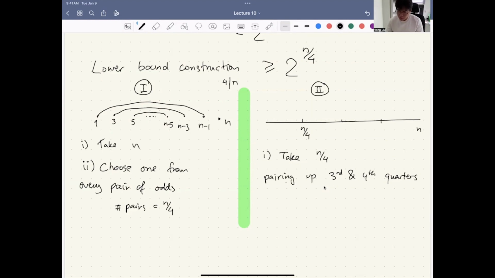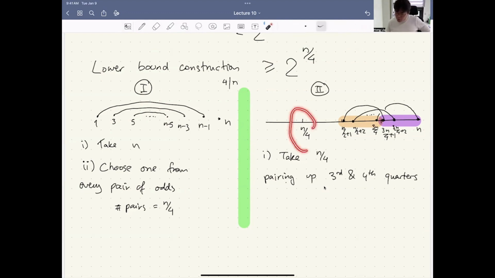The third quarter is here. The fourth quarter is here. What it means is that we now pair n over 2 plus 1 to 3n over 4 plus 1, right? n over 2 plus 2, 3n over 4 plus 2, dot, dot, dot. To the last guy, which is n over 2 and 3n over 4.